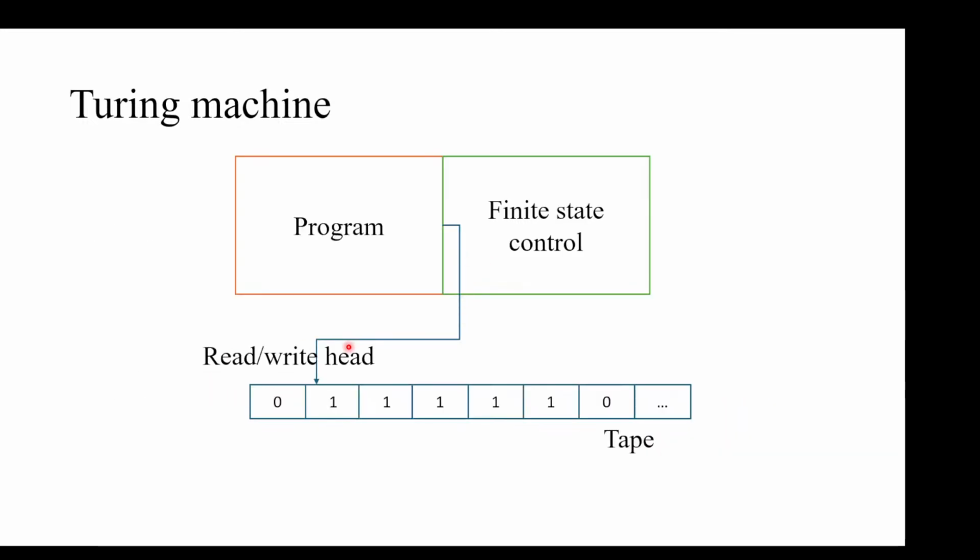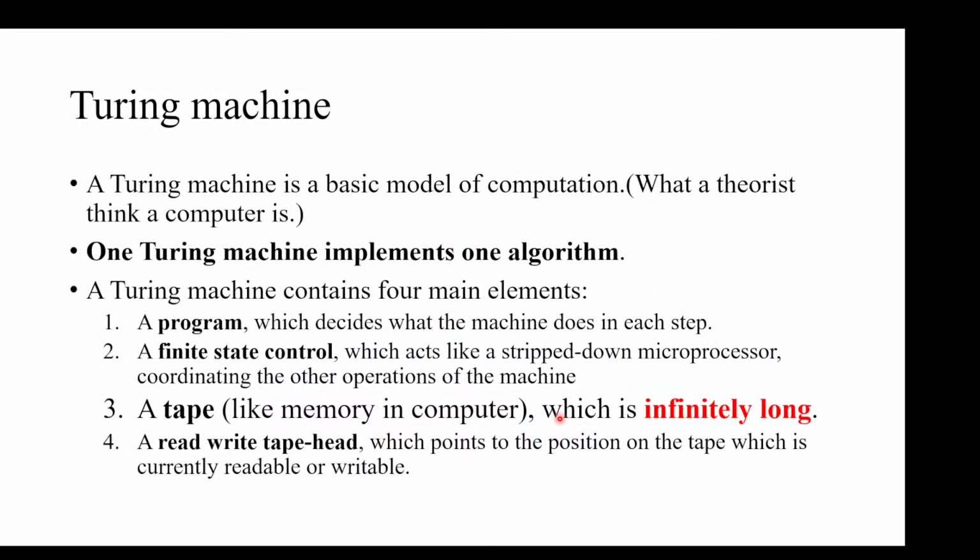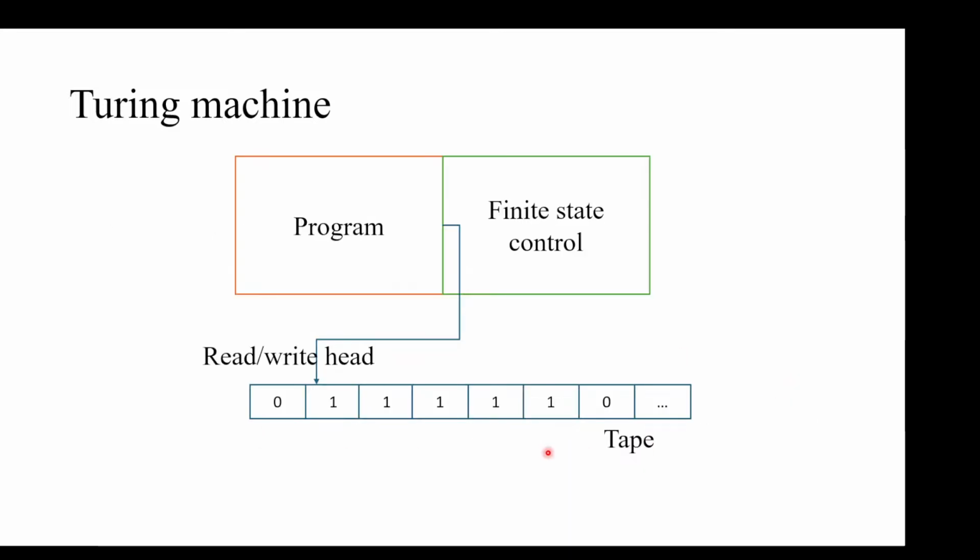There is a read-write head that can read or write on the memory tape. The tape holds both input and output. It starts with something, and the finite state control reads the program and turns the tape into the corresponding output.